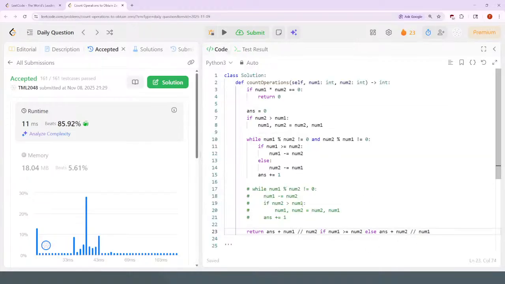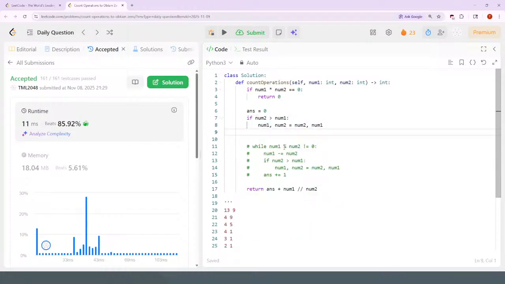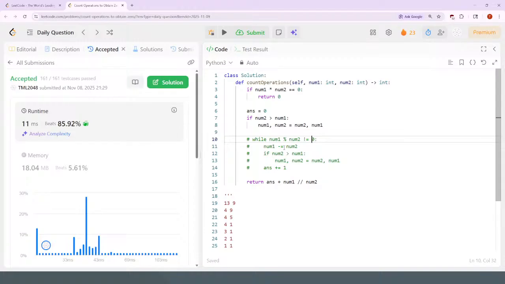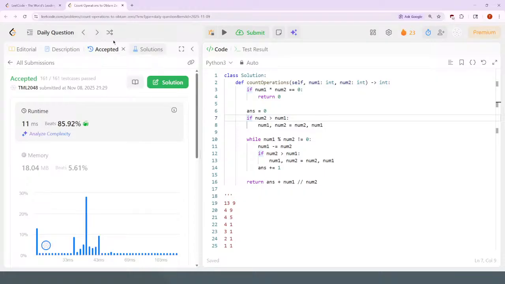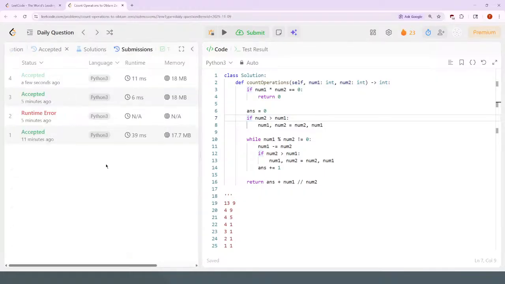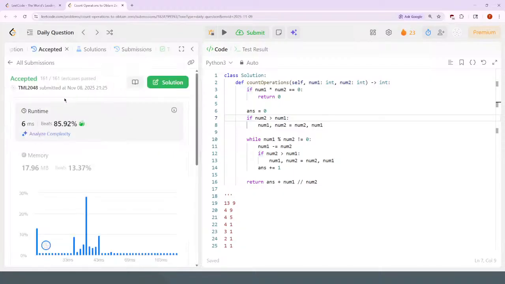I think I prefer just setting it up so that always num1 is bigger than num2, even if it's somewhat slower. Or, no. So it was like 6 milliseconds.